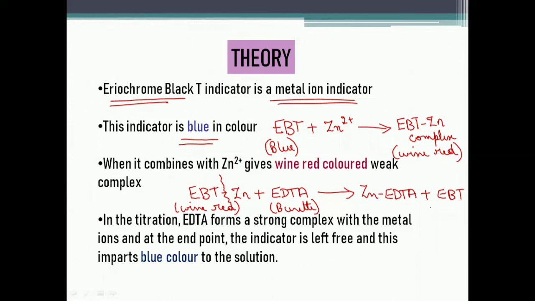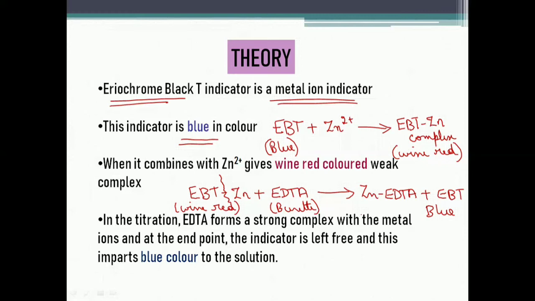The free indicator molecules are blue in color. That's why at the end point, the wine red colored solution will completely get converted to blue colored solution, because at the product end, we have the zinc EDTA complex, which is colorless, and the blue colored indicator molecules. So once the reaction is complete, we have only the free EBT molecules, which are blue in color.